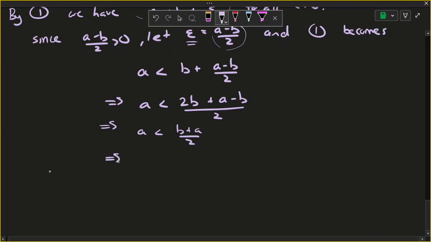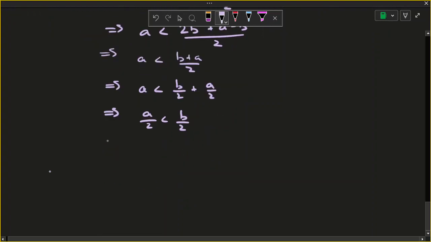Again, some more algebra, you can verify it all. Which means A over 2 is less than B over 2, subtracting A over 2 from each side. And finally, we have A is less than B. I'll put a star here.